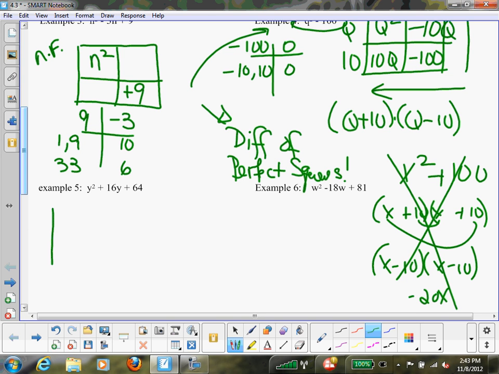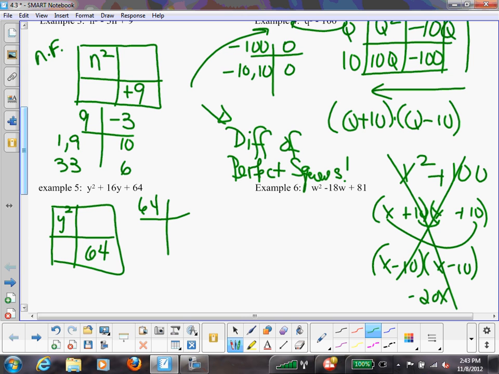Okay, look at this one. This is y squared and 64. My product is 64, and my sum is 16. What's the product of 64 that when I add gives 16? This is a type of perfect square, yes.